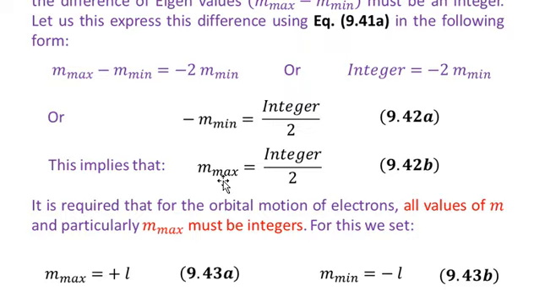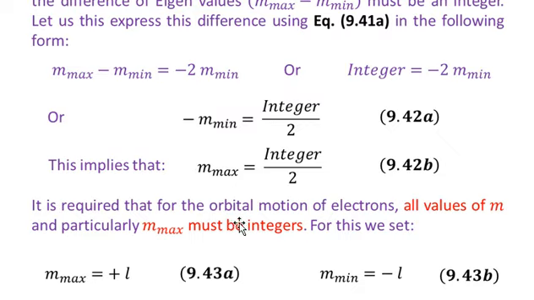So now there are two obvious choices: the quantum number will change either in whole integer values or in half integer values. Now we have to find out which choice is correct, that is, whether these integers are even integers or odd integers.